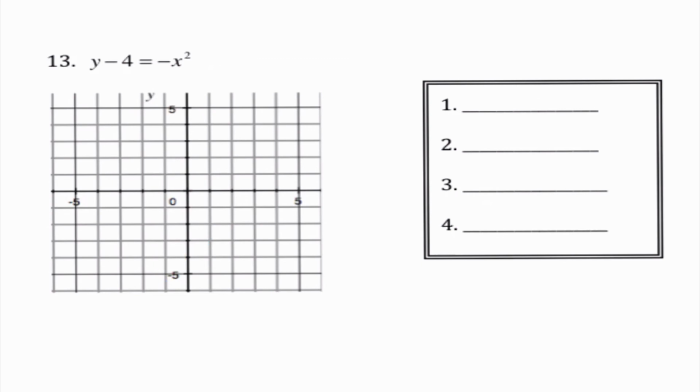Number 13 looks a little strange because it does not look like it's in the right form, but we are intelligent honors algebra 2 students. And we know the only thing we need to do is move 4 to the other side. So I added 4 to both sides there. So now if I'm going through this, I know that my vertex is 0, 4. Our a value here is -1.